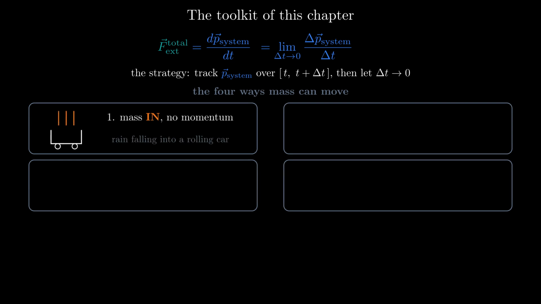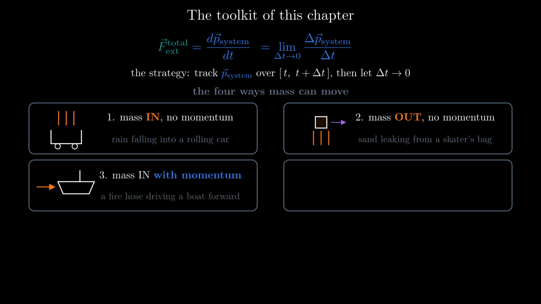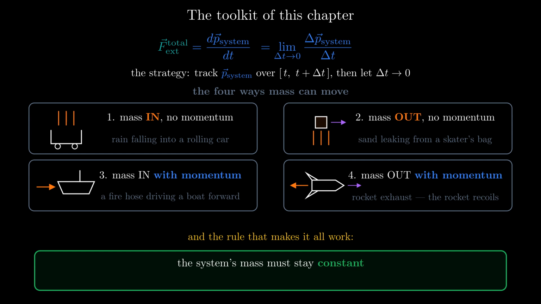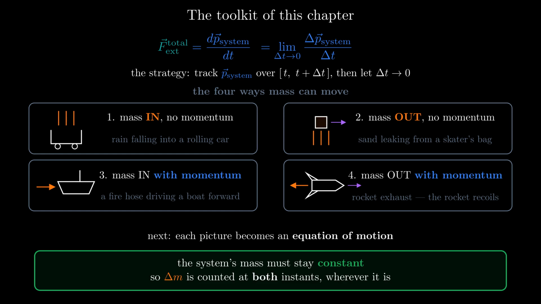The classification: mass in without momentum like rain into a car, mass out without momentum like sand from a skater's bag, mass in with momentum like a fire hose driving a boat, mass out with momentum like rocket exhaust. And the rule that makes it all work. The system's mass must stay constant, so the transferred material is counted at both instants, wherever it happens to be. In the problems ahead, each of these 4 pictures becomes an equation of motion, with the rocket the most famous of all.